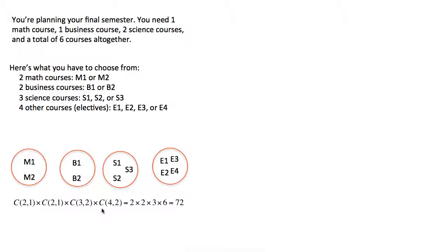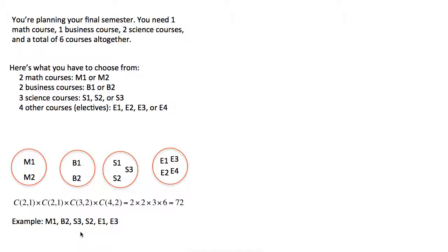If we do that, these uses of the combination formula give us 2 ways to pick one of the 2 math courses, 2 ways to pick one of the 2 business courses, 3 ways to pick 2 of the 3 science courses, and 6 ways to pick 2 of the electives. Multiply that all together using the multiplication principle, and you get 72. Now, why is that not the correct answer?